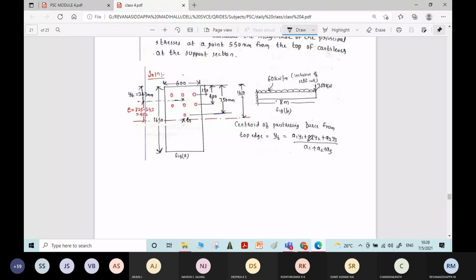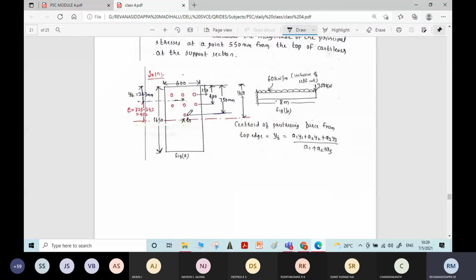Write it. Centroid of prestressing force from top edge yt is equal to a1 y1 plus, there are 3 sets of bars or 3 rows of bars provided, 1 row, second row and third row. So we will find a1, the area of 3 bars, and the respective y1, the distance of the center of the bars from the top fiber, and a2 y2 and a3 y3.